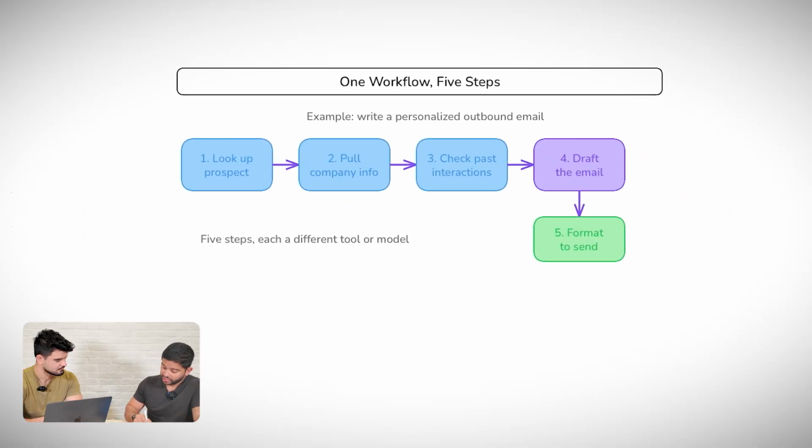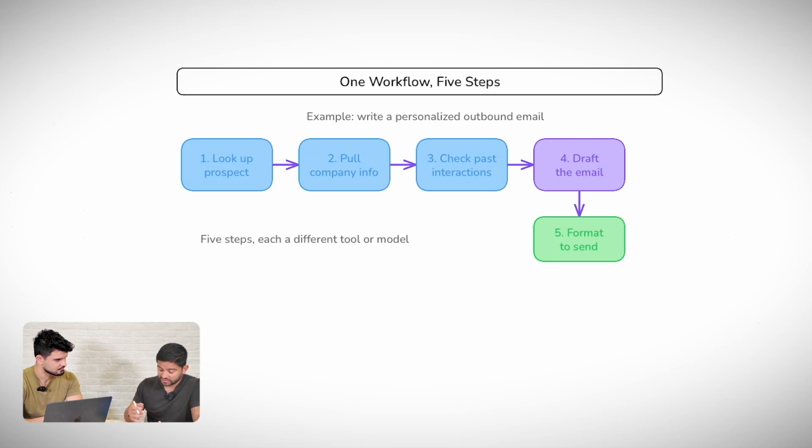What's very interesting about that is that the same workflows are happening, but just in loops. A standard workflow could have, let's say, 5 steps like this. If we were giving an orchestrator the task of writing a personalized outbound email, it would reason with itself and say, okay, I need to split this up into 5 different little tasks.